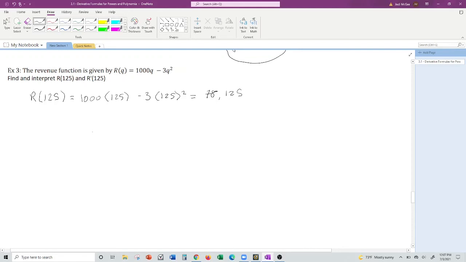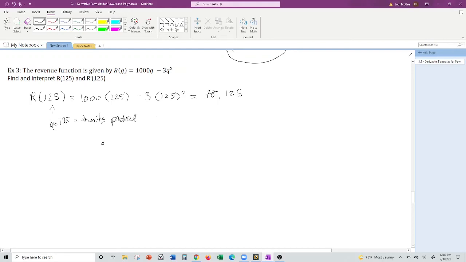Now we're supposed to interpret this. What are we plugging in here? We are plugging in q is equal to 125. And what is q telling us? This is the number of units the company is producing.